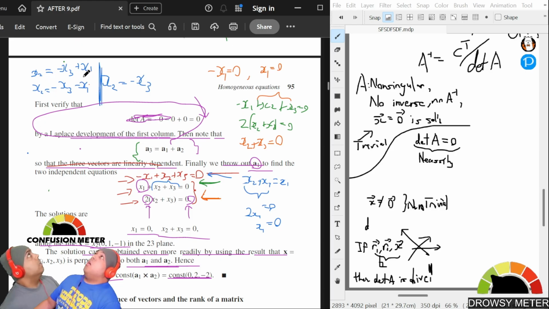And for this to make sense, plus x1 minus x1, bring this across, 0.